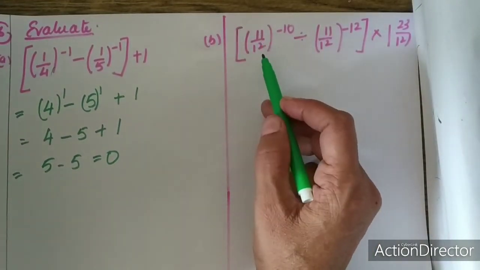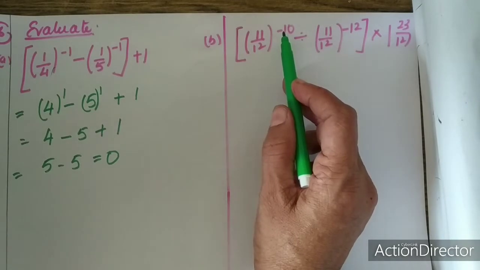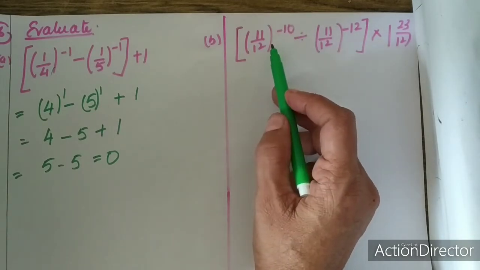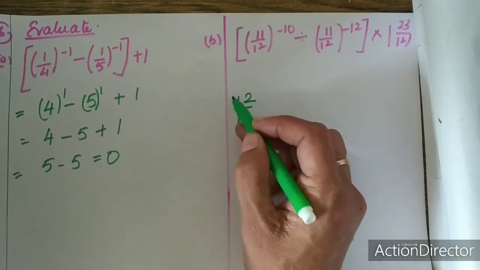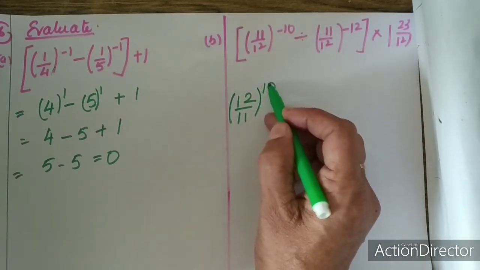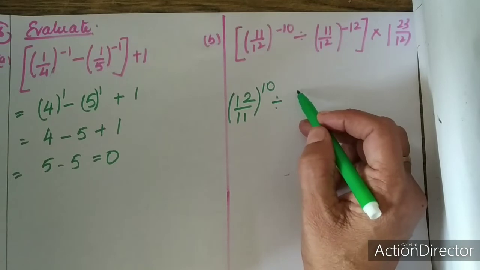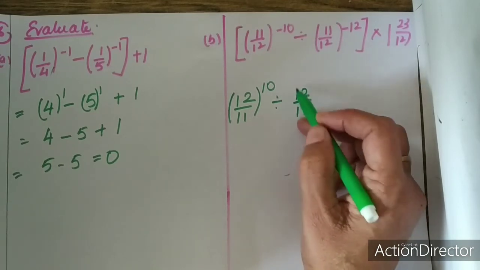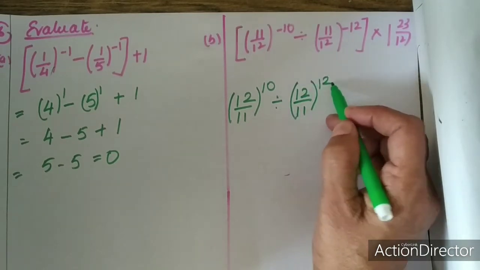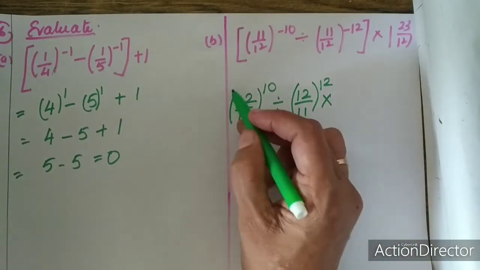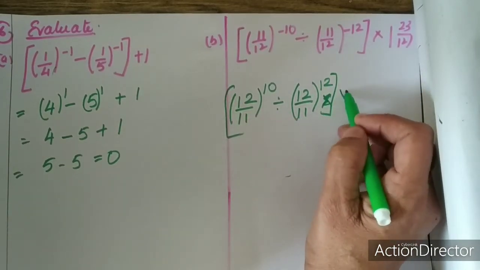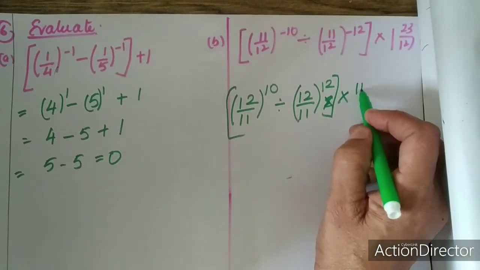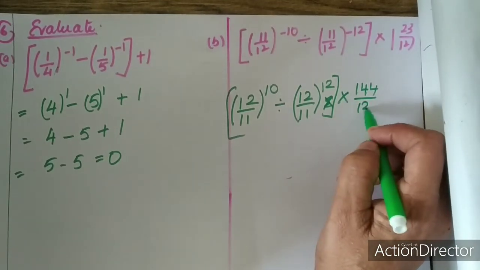Here also, (11 upon 12) whole raised to the power of minus 10. Make it positive. Reciprocal the number. So (12 upon 11) whole raised to the power of 10 divided by (12 upon 11) whole raised to the power of 12, and this can be written as 144 upon 121.